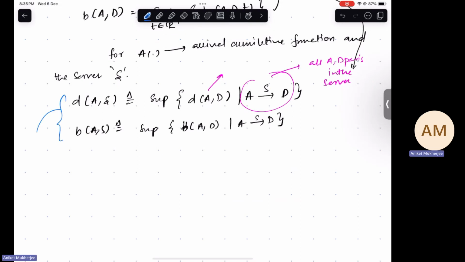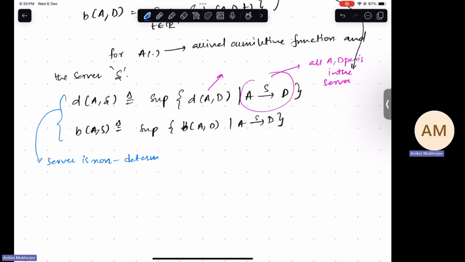Basically, these are useful if the server is non-deterministic. So what do I mean by that? Suppose you have a server which is non-deterministic, you give an arrival cumulative function. You'll see that there are many possible departure cumulative functions.